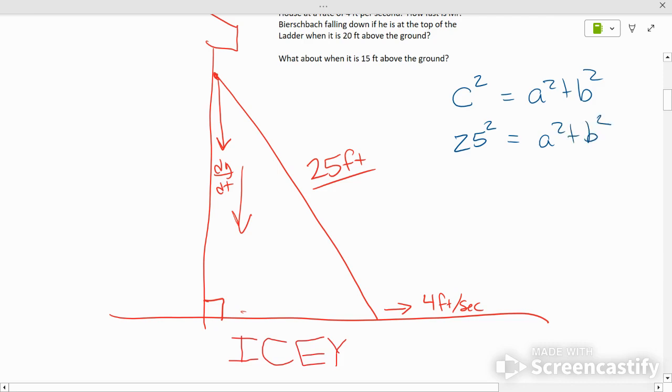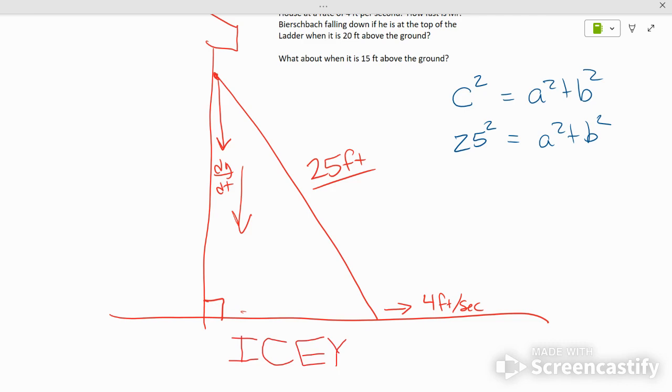What's happening is as we slide down and as we slide out, the sides of the triangle, those two sides, are changing. This does not change. It stays at 25 because a ladder like this and a ladder like this is still 25 no matter what. But this side changes, this side changes.